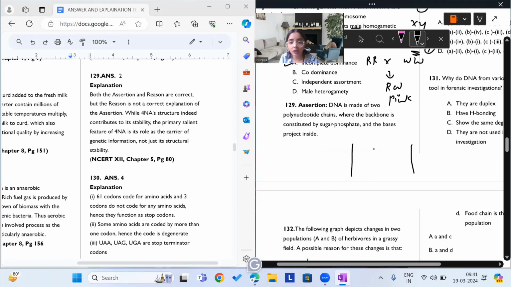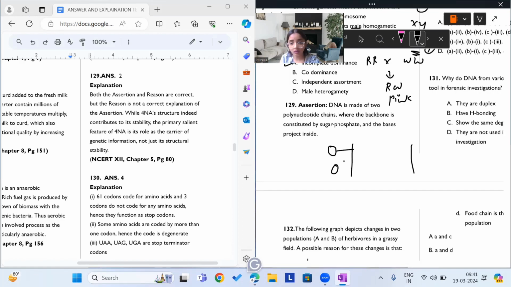Two polynucleotide chains, phosphate, bases, phosphate, adenine, thymine, ATGC, phosphate.